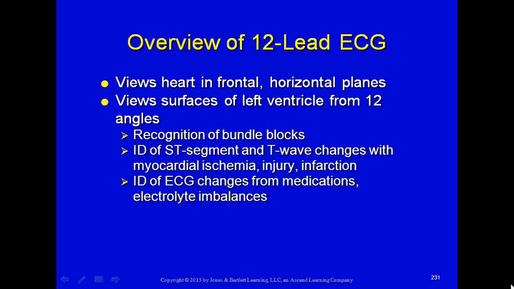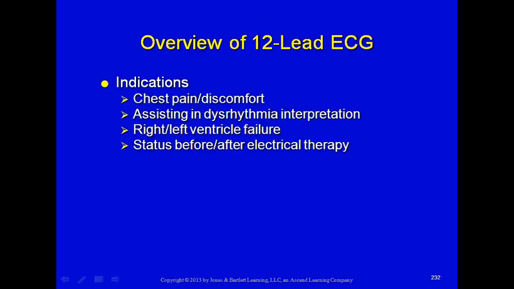We're able to identify ST segment and T wave changes that are associated with myocardial ischemia, myocardial injury, and myocardial infarction. And then we're also able to look at ECG changes that may occur as a result of medications that prolong the QT interval, or electrolyte imbalances like potassium that cause peaked T waves.